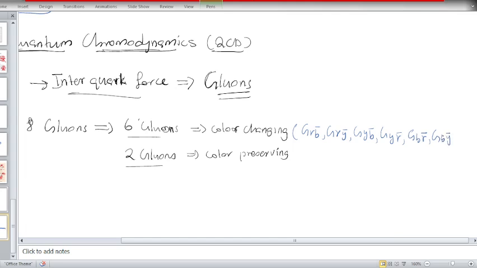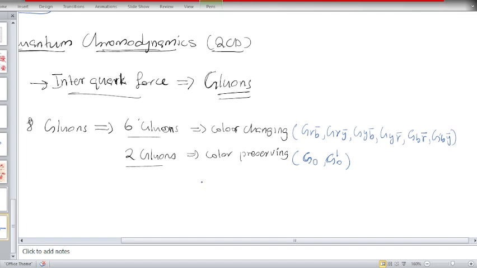These are the color changing gluons. At the same time, you have color preserving gluons, which are G0 and G0 dash. If these gluons are interchanged between the quarks, they will not change colors. But if the 6 gluons are interchanged between the quarks, then they will change color.